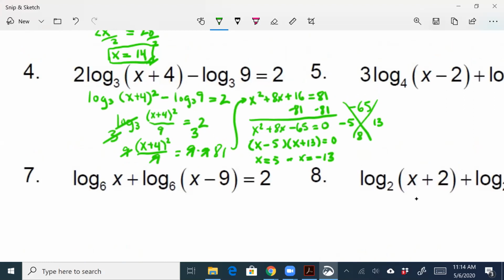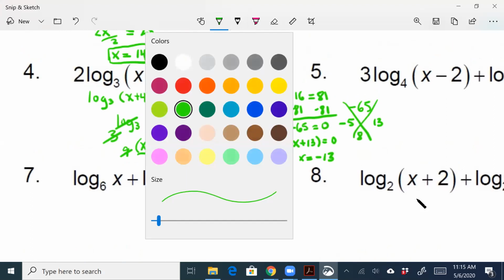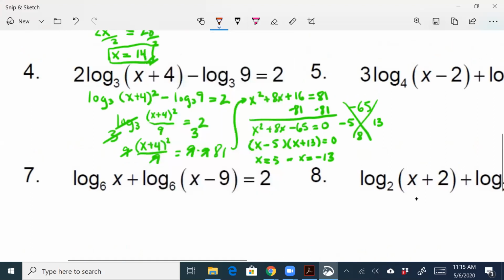And so if I put 5 up here, 5 plus 4 is 9, that's fine. It's not a problem. But if I put negative 13 up here, negative 13 plus 4 would be negative 9. And there we have a problem because you can't have a negative. So we cross out negative 13 as an option. And our final answer is x equals 5.